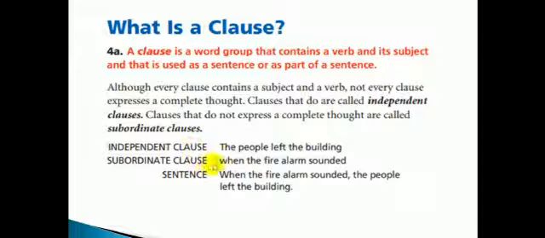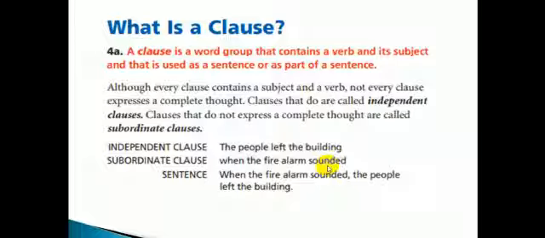Let's go to the second example here. When the fire alarm sounded. We can see there is a subject. There is also a verb. Fire alarm is the subject and sounded the verb.